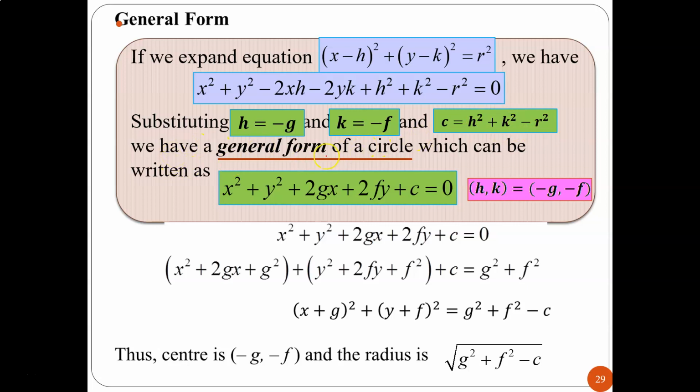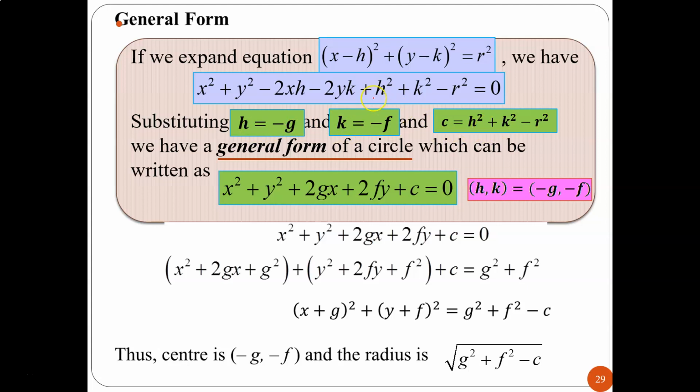We have a general form of a circle which can be written as, kenapa dia buat dia tukarkan dia dalam bentuk yang ni, yang color hijau ni? Sebab yang this one, yang color purple ni terlalu panjang. It's too long. Okay, so we want to simplify it. We substitute the h and k into this and the c with this one.